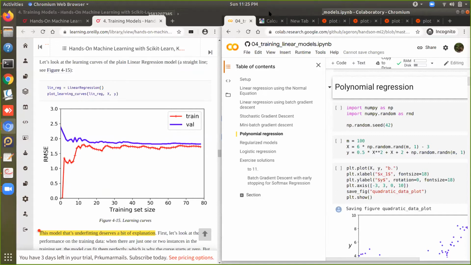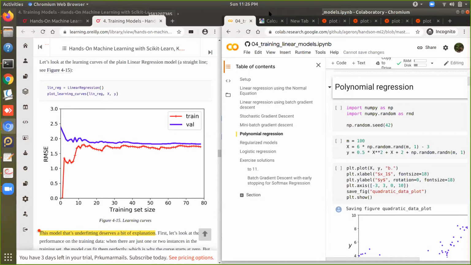Once it reaches the plateau, the whole horizontal line is quite high. The red line is for the training data, so for the training data itself, the RMSE is quite high. That means the model is making error on the training data itself in the first place. That is why it is underfitting.